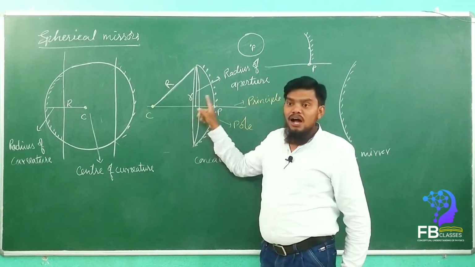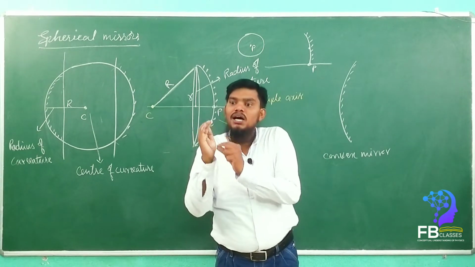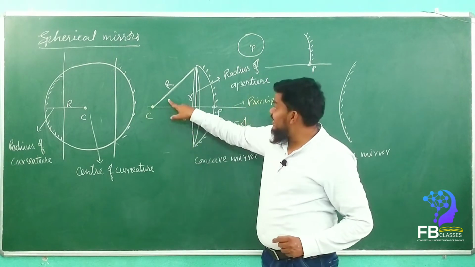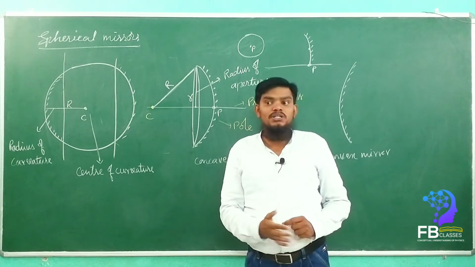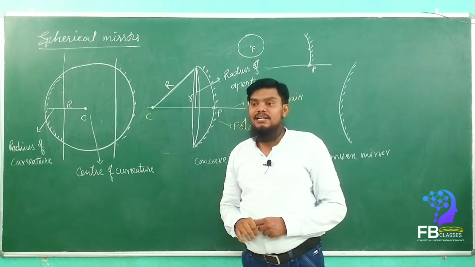The radius of aperture gives the idea of how big or small the mirror is, and the radius of curvature gives the idea about how much curvature the mirror has.